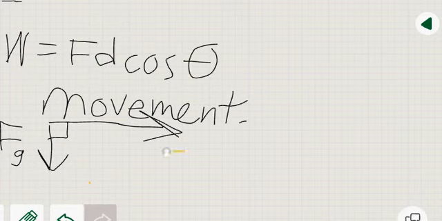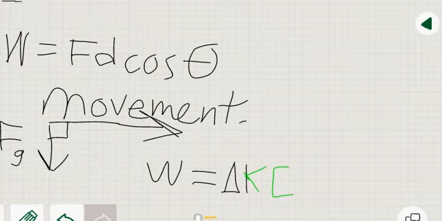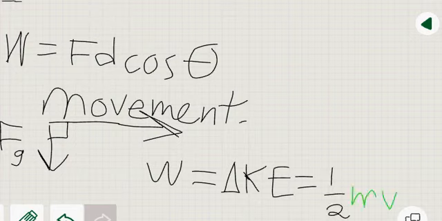The work equals the amount of kinetic energy that you gave the object, the change in kinetic energy, which equals the initial was 0, right? So I'm just going to write KE final, and KE final is 1/2 mv squared final. And just for good measure, I'm going to write minus 0.